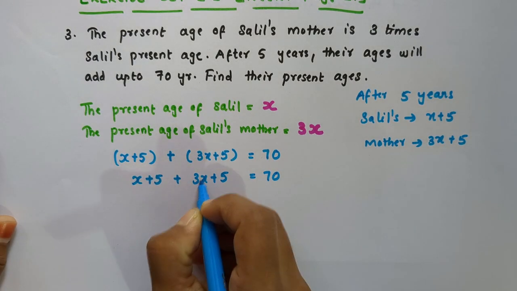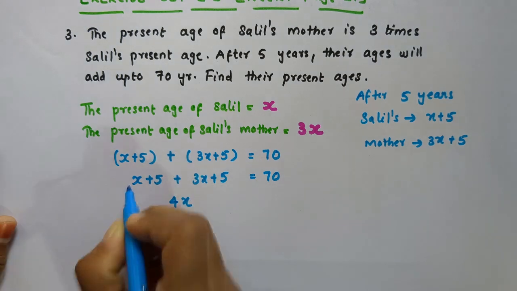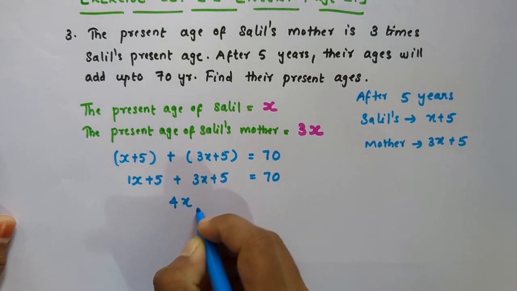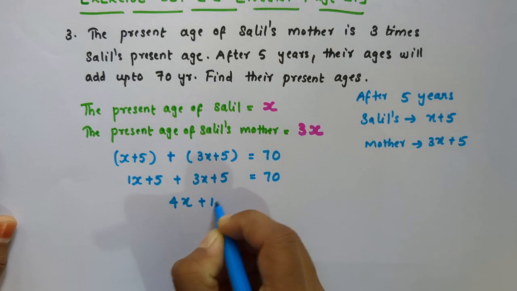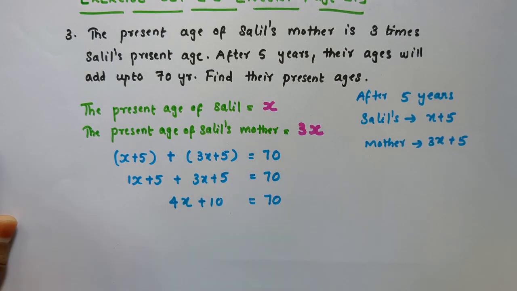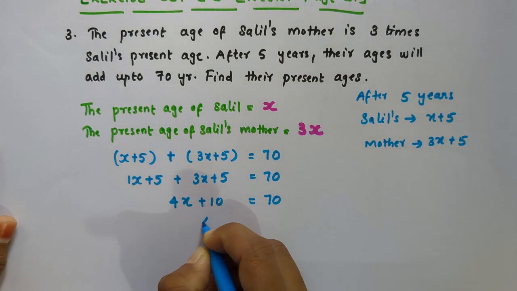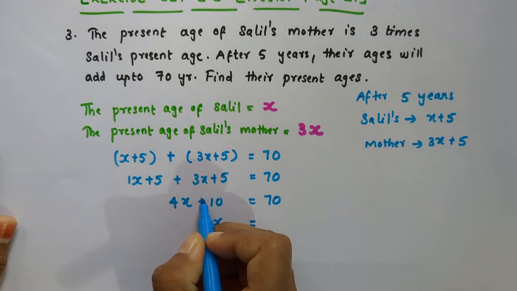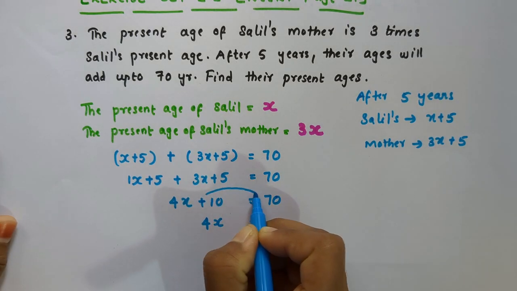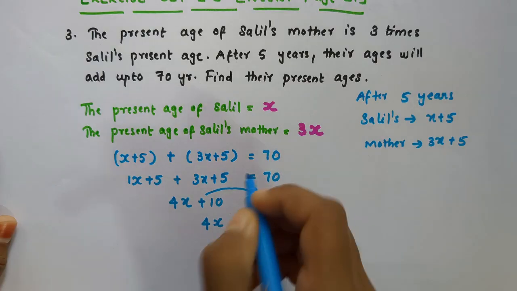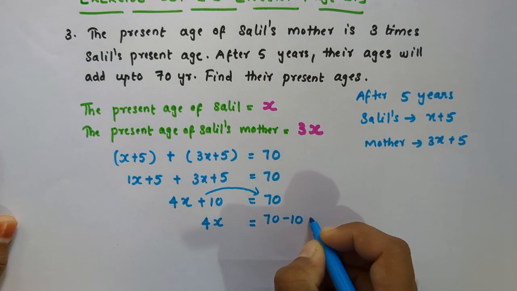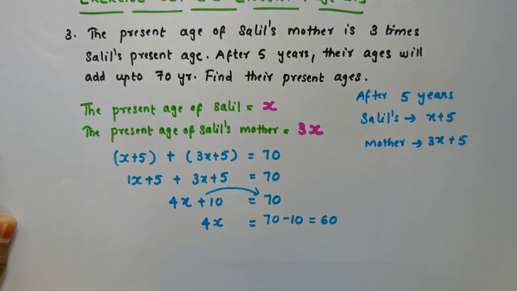x plus 3x is 4x, that is, 1x plus 3x is 4x, plus 5 plus 5 is 10, is equal to 70. Now from this we can write 4x is equal to 70 minus 10, because when we take this plus 10 to this side of the equation, it becomes minus 10. 70 minus 10 is 60.